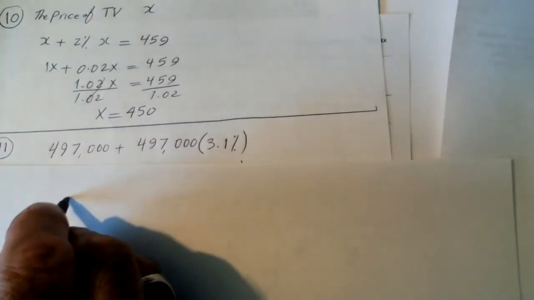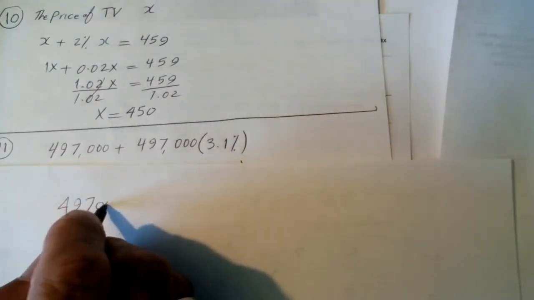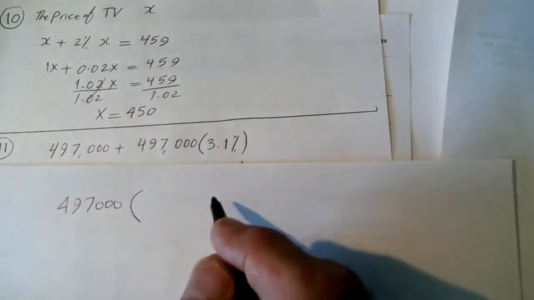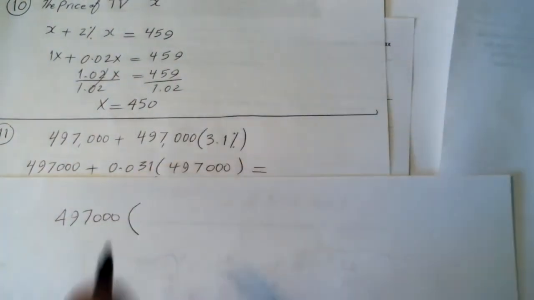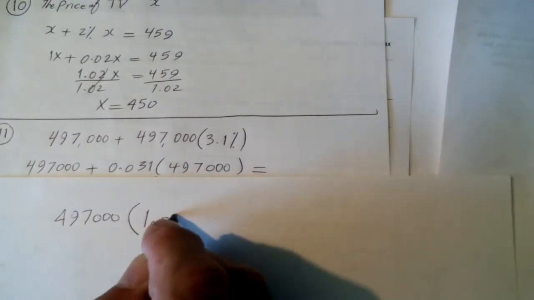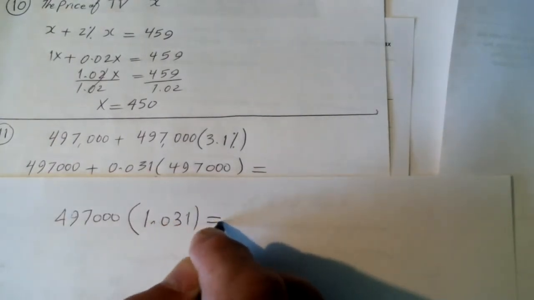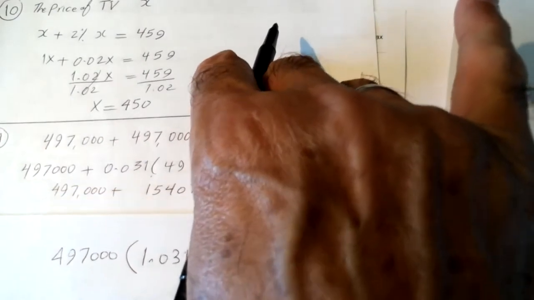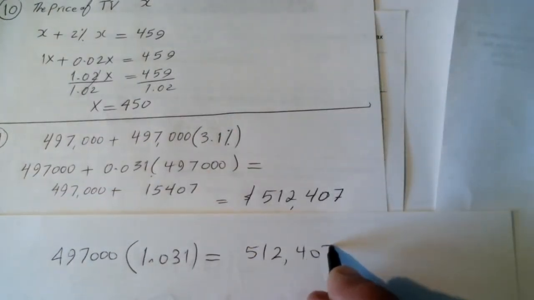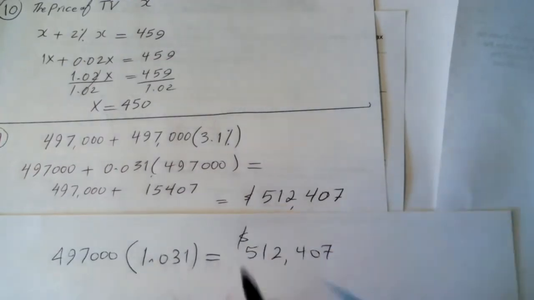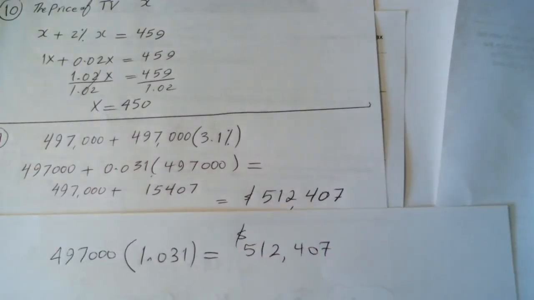You take 497,000 and instead of 0.031, you multiply that by 1.031. That should give you 512,407. So you could combine these two into one if you want to.